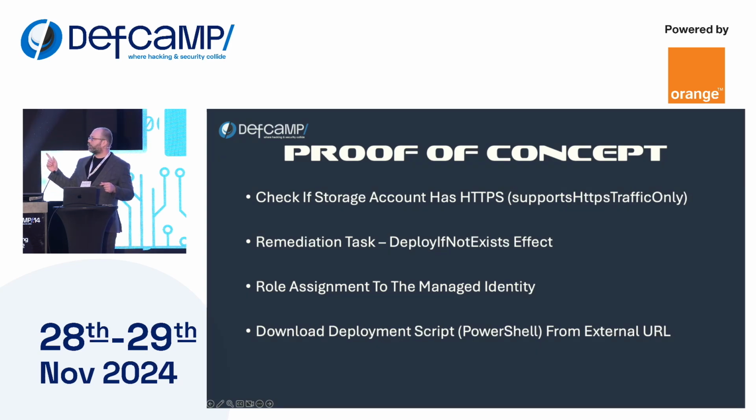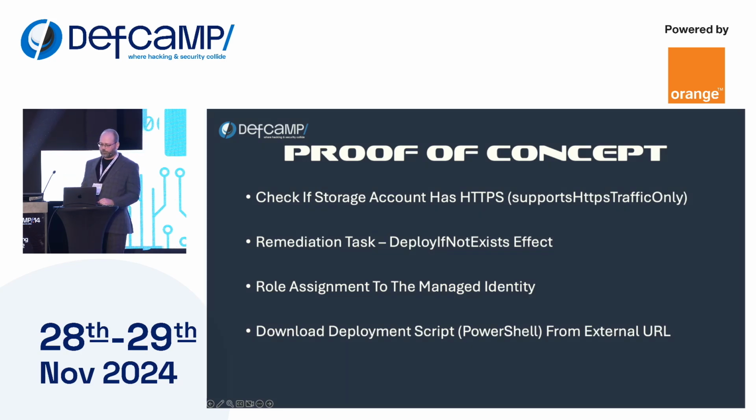And my remediation task will be basically running a deployment script. So that's the cool part. There will be some role assignments because the remediation task requires a managed identity to run all those steps.